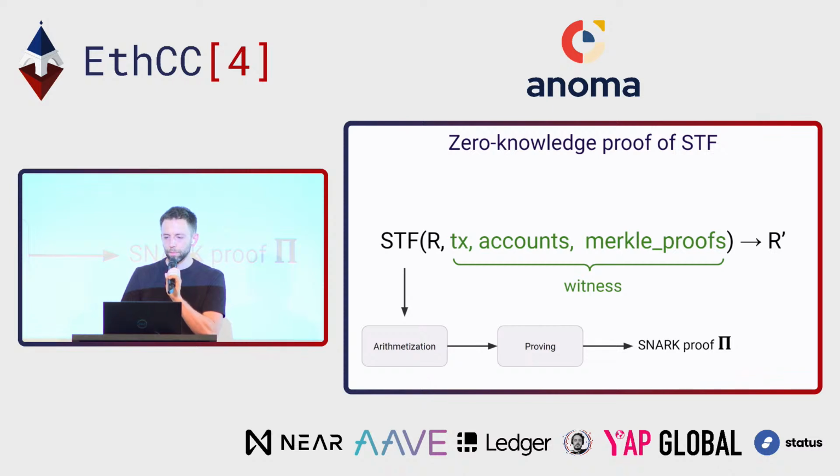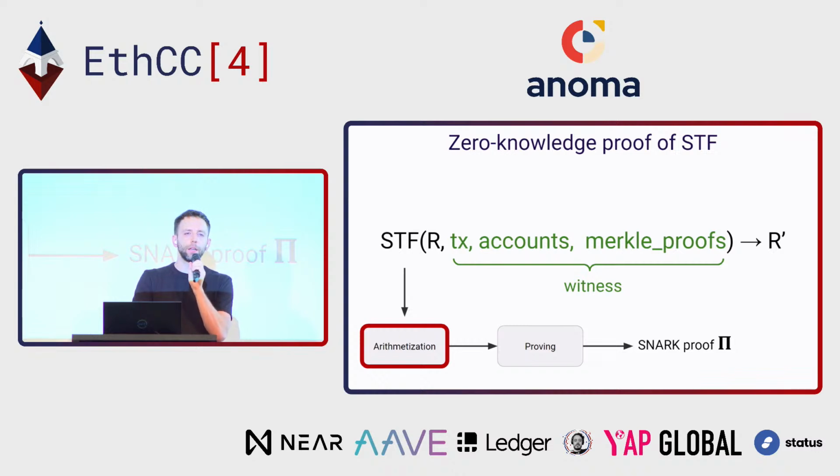And what we need to do with zkRollup specifically, we need to arithmetize this function to be able to produce proof of it. So to take the function and to produce a succinct proof that we actually computed it, and here is the result, and the result is valid, and we didn't skip any step. And this arithmetization process is what made it very difficult for us to implement Turing-complete zero-knowledge proof systems in the past.